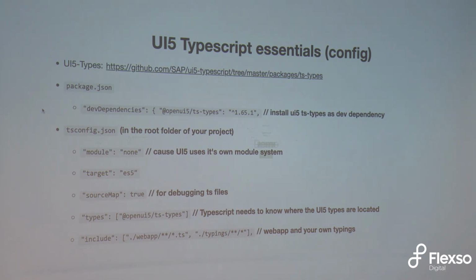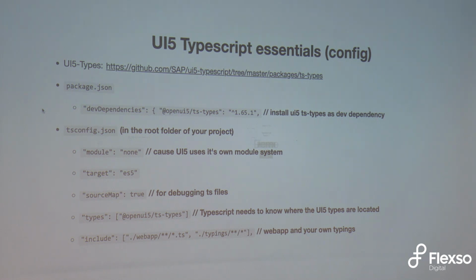CommonJS is used by Node.js. AMD is used by, for example, ES6, Angular, React, and so on. UI5 uses its own module system. It's AMD-like, but it is not AMD. And so you have to set the module type to none here.